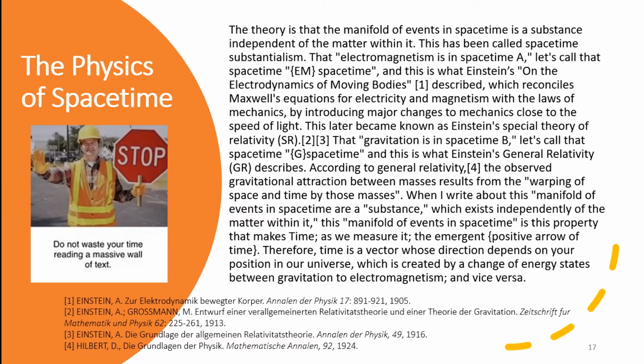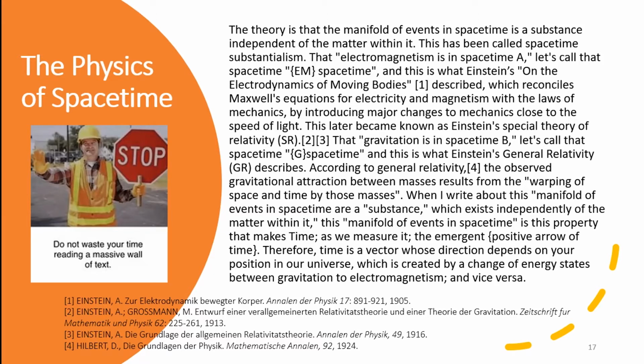That gravitation is in space-time B, let's call that G space-time. And this is what Einstein's general relativity, GR, described. According to general relativity, the observed gravitational attraction between masses results from the warping of space and time by those masses.